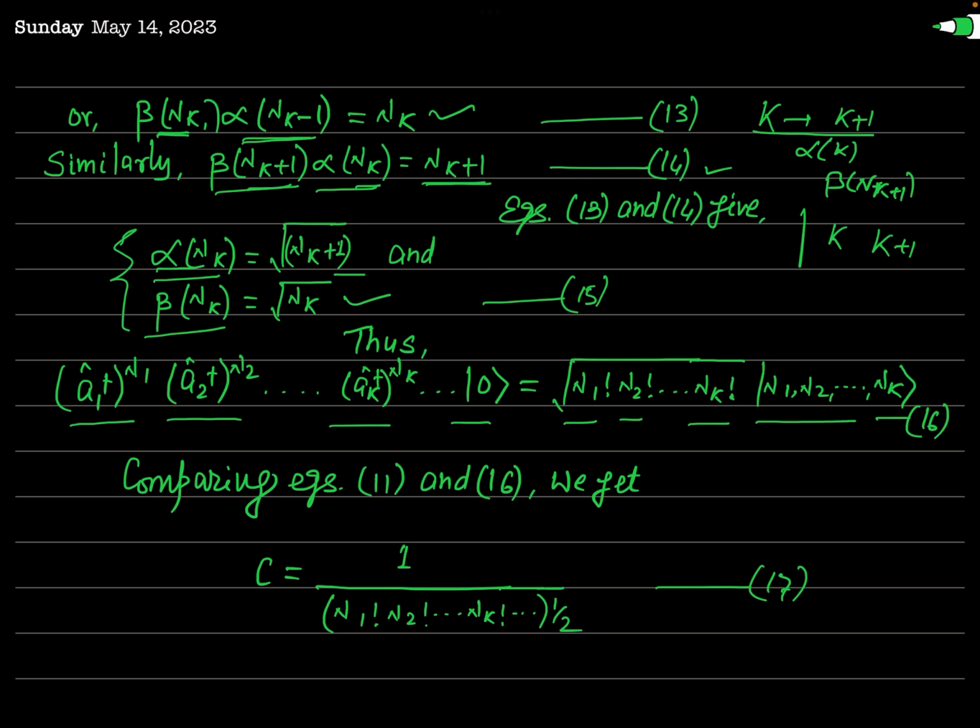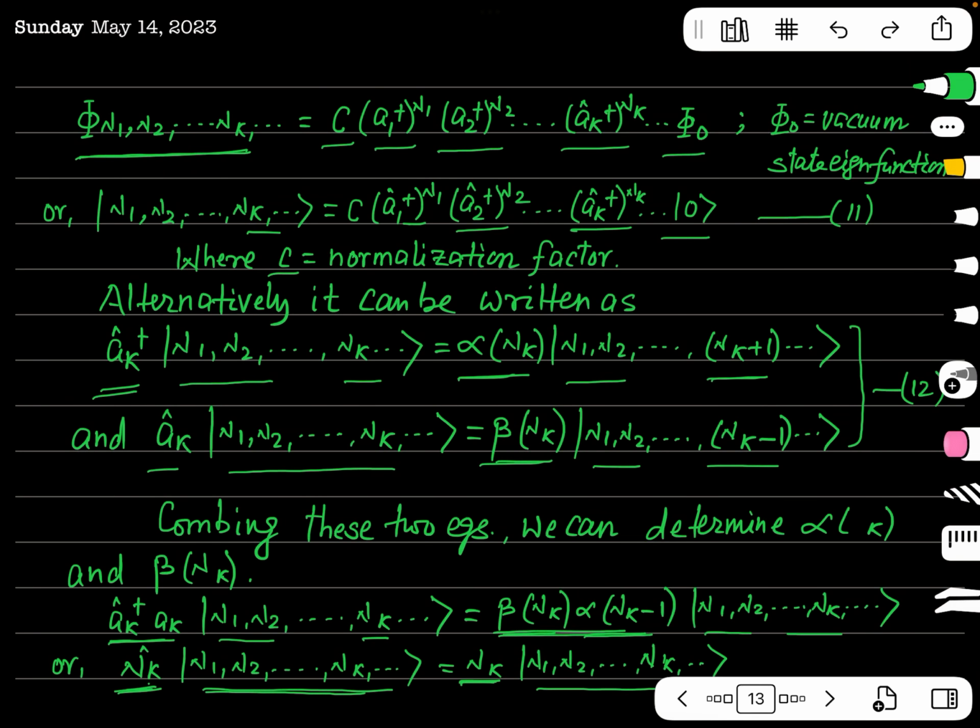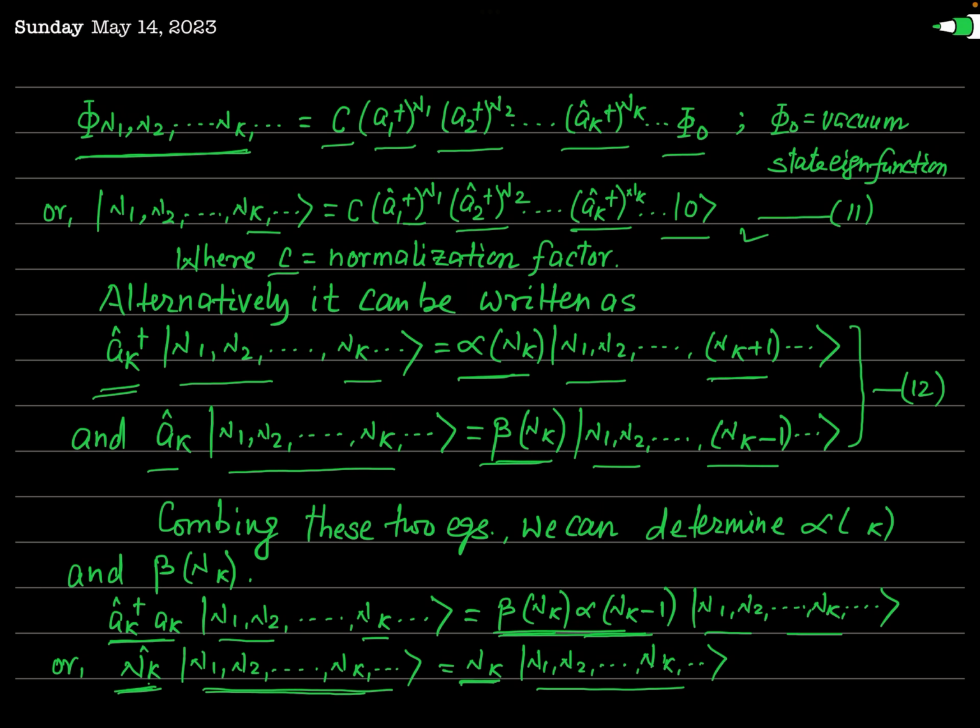Now we will compare this equation 16 with equation number 11. So you can see this is your equation 11, okay? Here actually this ket n1, n2, so on nk is equal to this much, and we have defined this a1 dagger to the power n1, a2 dagger to the power n2, so on ak dagger to the power nk.